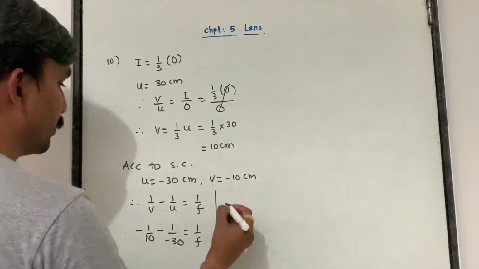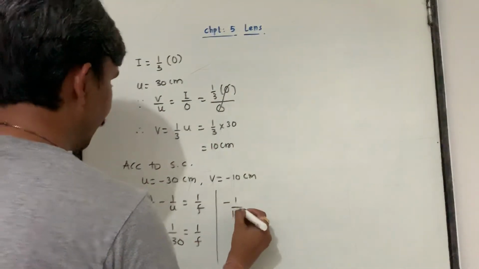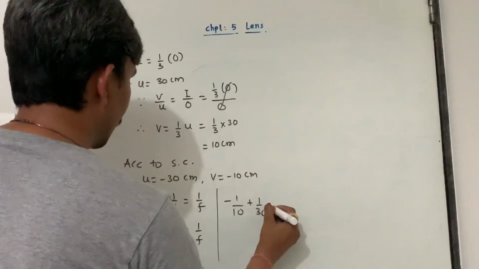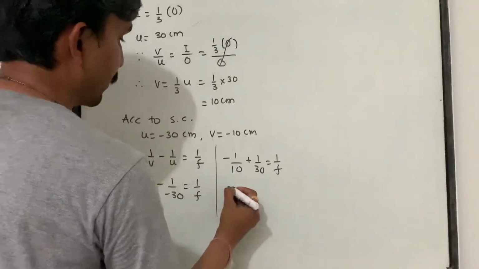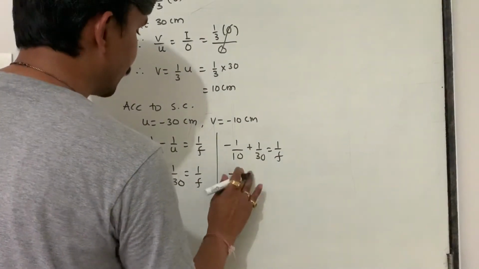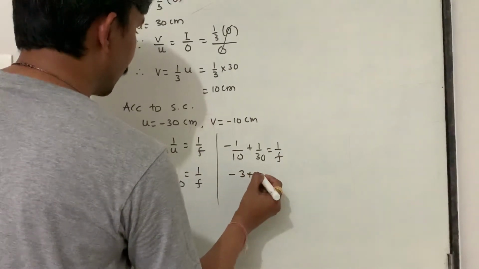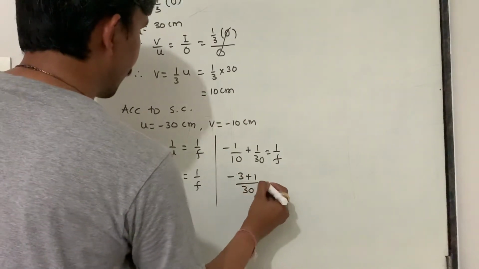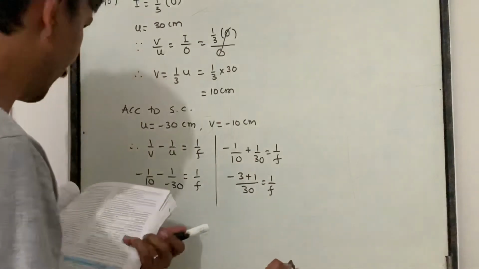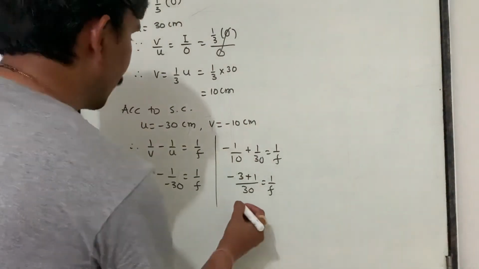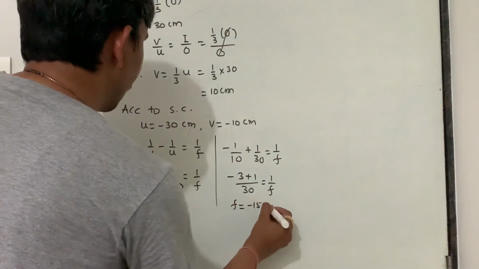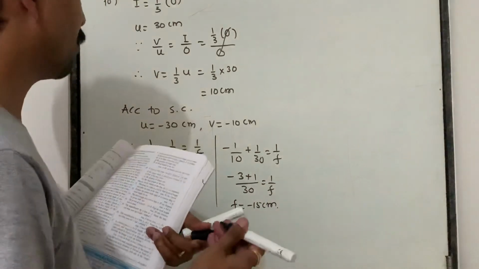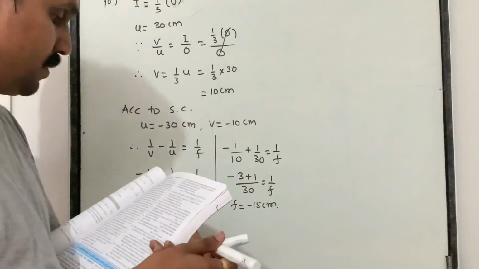This comes out to be minus 1 by 10 plus 1 by 30 is 1 by F. So this is minus 3 plus 1 upon 30 is 1 by F. So this F comes out to be minus 15 centimeter. So negative sign, it is a concave, right? This is about this part.